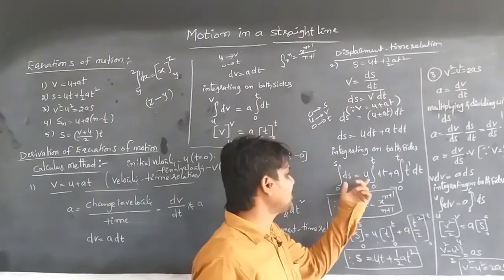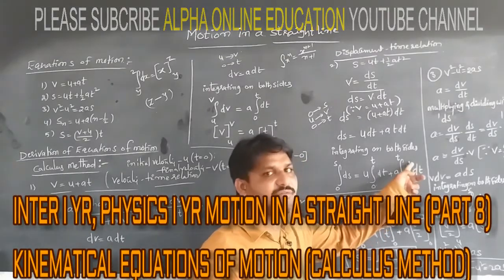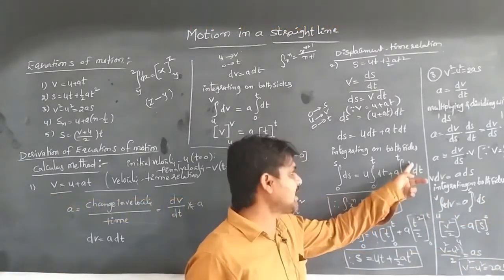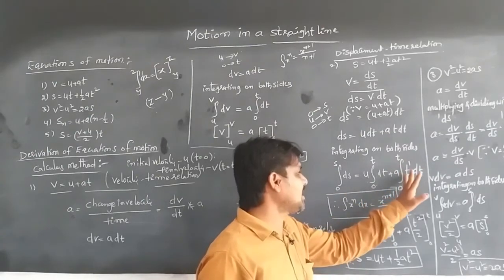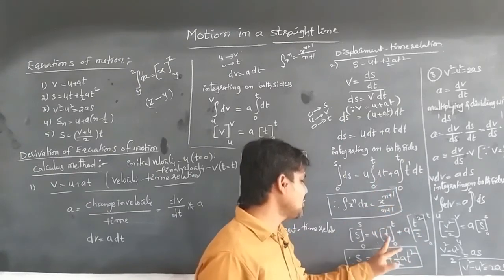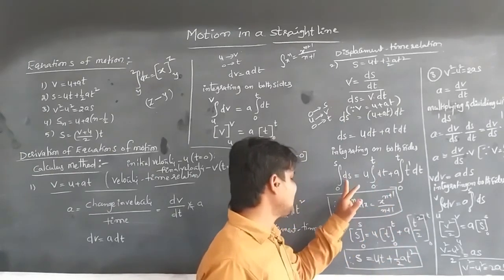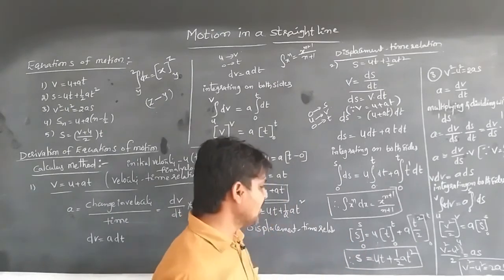Then as usual, here t power 1, if nothing is written, we consider it as 1. So t power 1 plus 1 by 1 plus 1 gives t square by 2. Integral dt means t between the limits 0 to t, and integral ds means s between the limits 0 to s, the displacement limit.